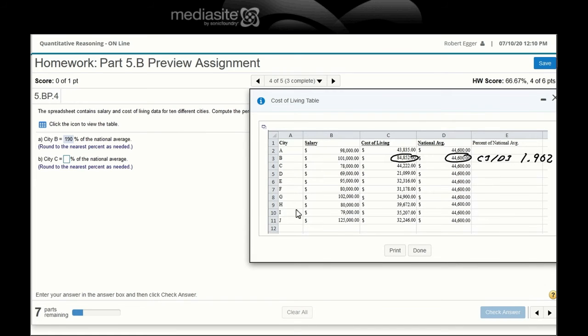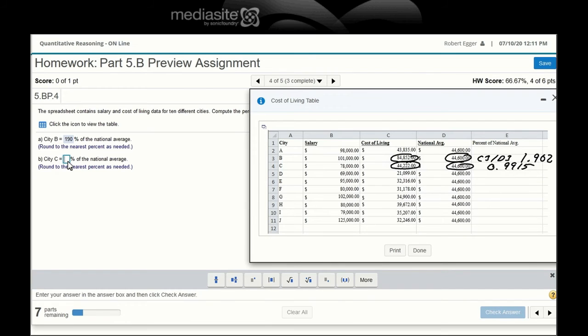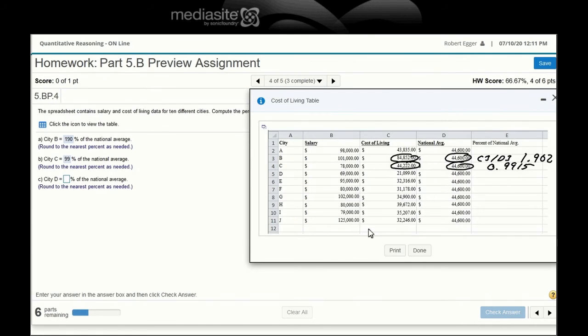C is national average. So again, cost of living divided by national average. So I want to figure out what is 44,222 divided by 44,600. 0.9915, or 99%. And to go from a decimal to a percentage, you just move the decimal point 2 places.